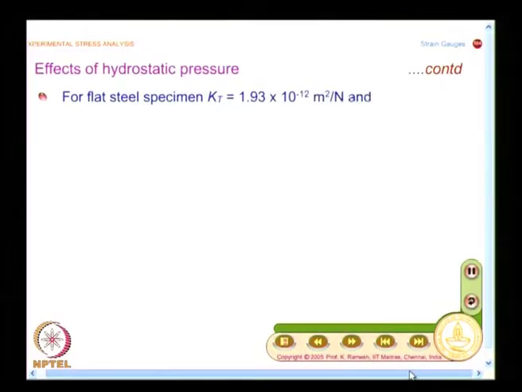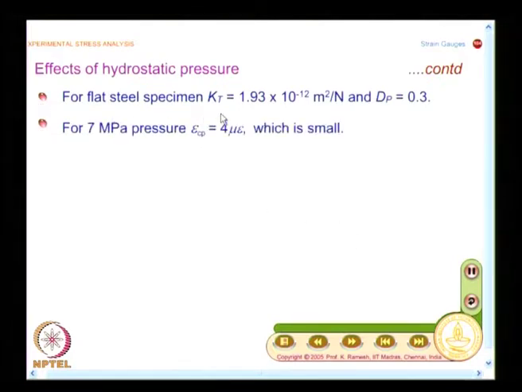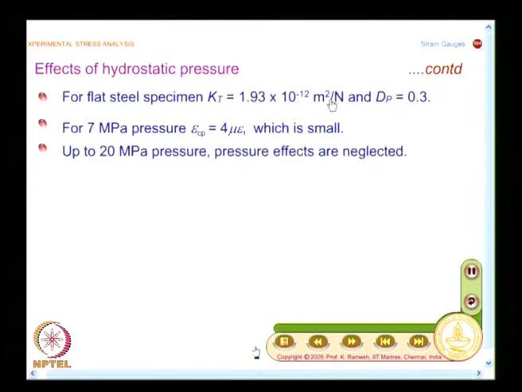And you have one example problem which shows, for a flat steel specimen, kT equal to 1.93 into 10 power minus 12 meter squared per newton, and dP is found to be 0.3, and for 7 MPa pressure, epsilon Cp is only 4 microstrain, which is small.